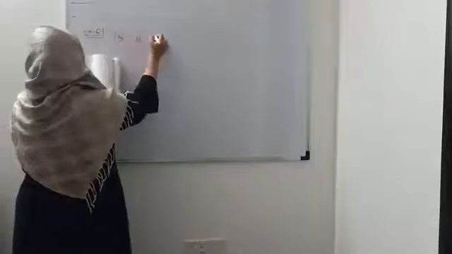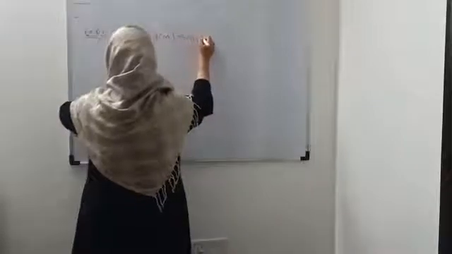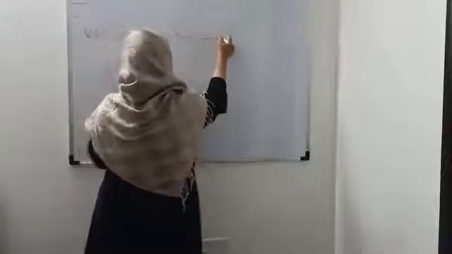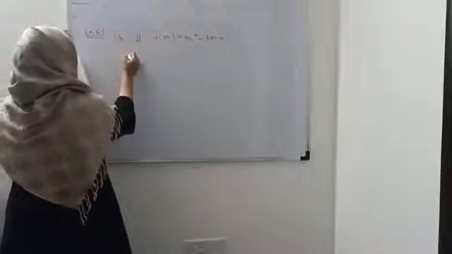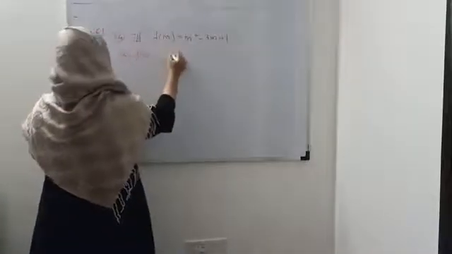So problem number 4 is given: if f of m is equal to m square minus 3m plus 1, find first f of 0, f of minus 3, f of half, f of x plus 1, f of minus x, and f of 2 plus h minus f of 2 divided by h.